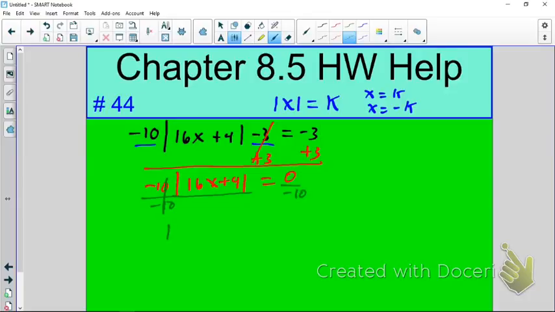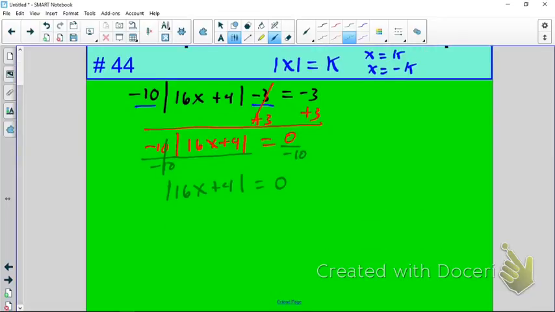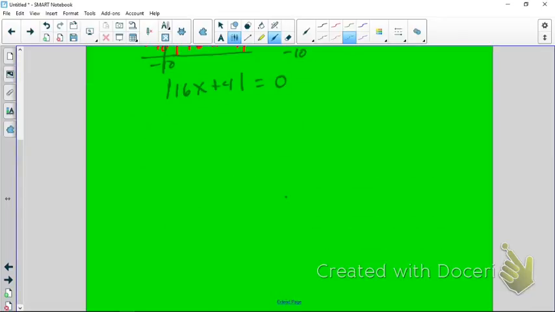And now I have the absolute value of 16x plus 4 is equal to 0. At this point, I would be able to break it into 2 different ones, and I'll show them to you so that you can see. So we'll have the positive: 16x plus 4 is equal to 0.